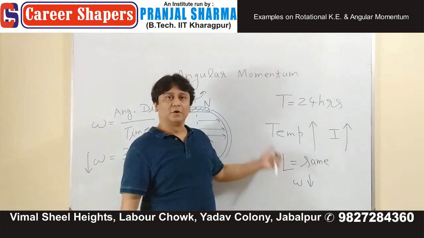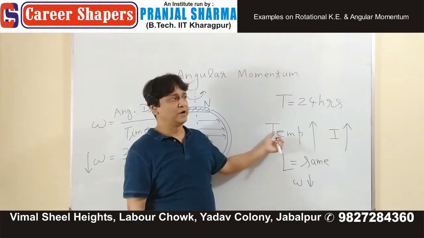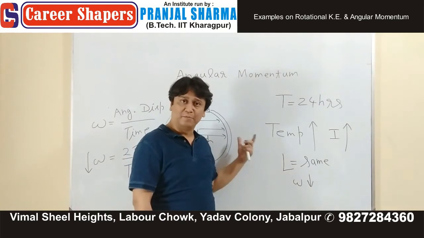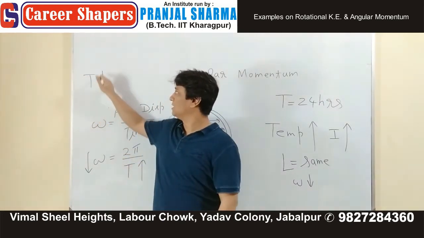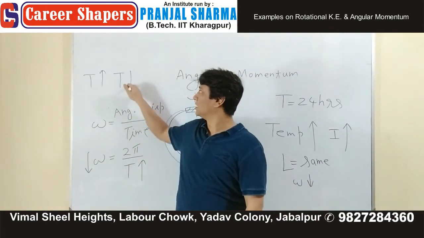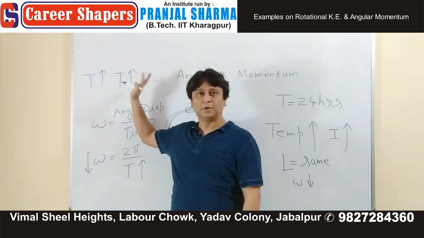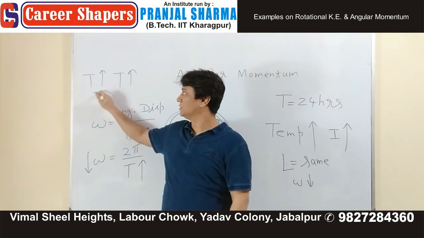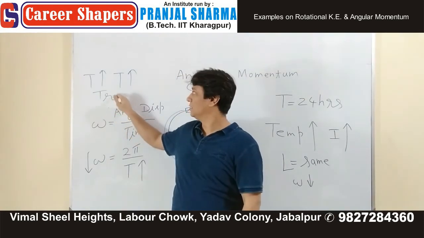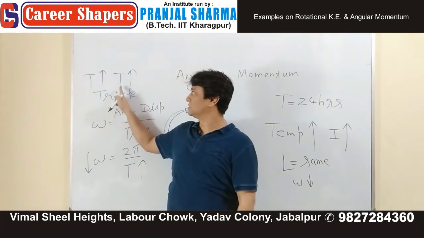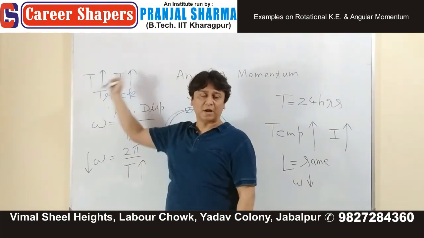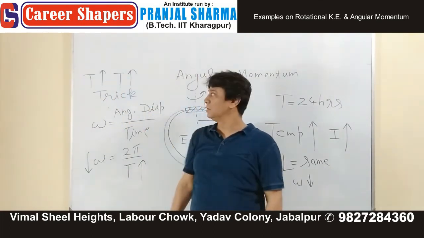If due to global warming temperature increases, what happens to time period? Remember this trick. As T increases, T increases. Done. This is the T trick. As temperature increases, time period, time to complete one rotation, also increases.